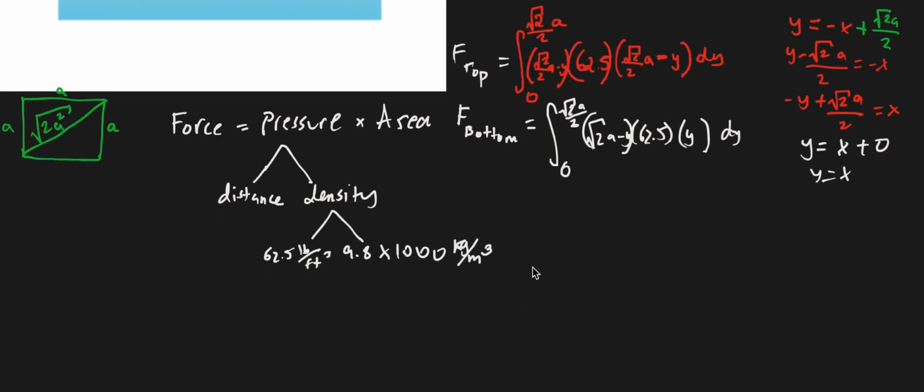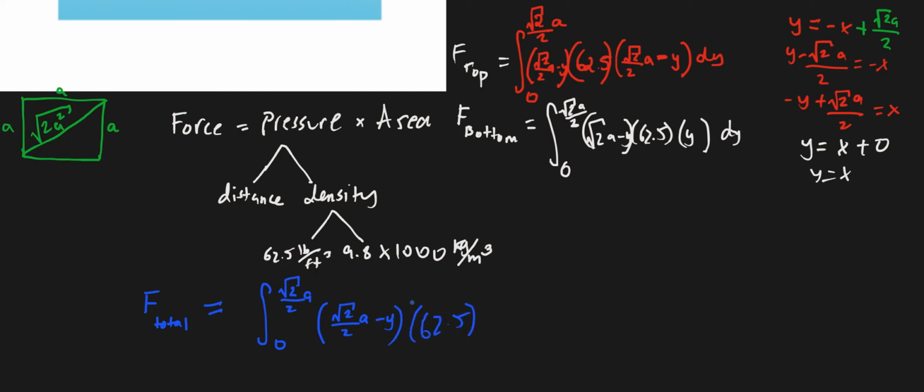And so the total force, F total, the total hydrostatic force on this tilted square, this diamond, is going to be the integral from 0 to root 2a by 2 of square root of 2a by 2 minus y times 62.5.